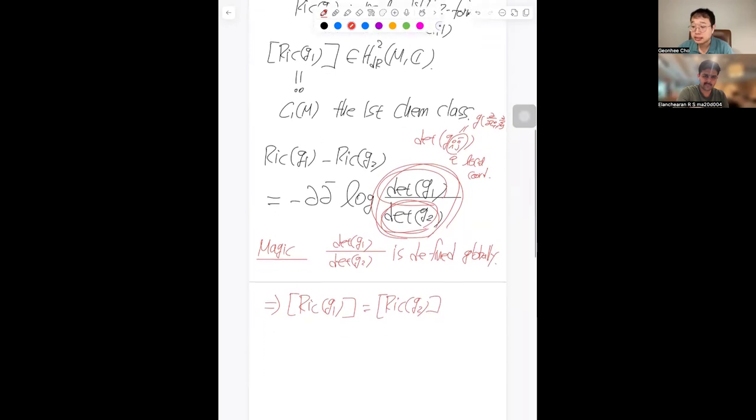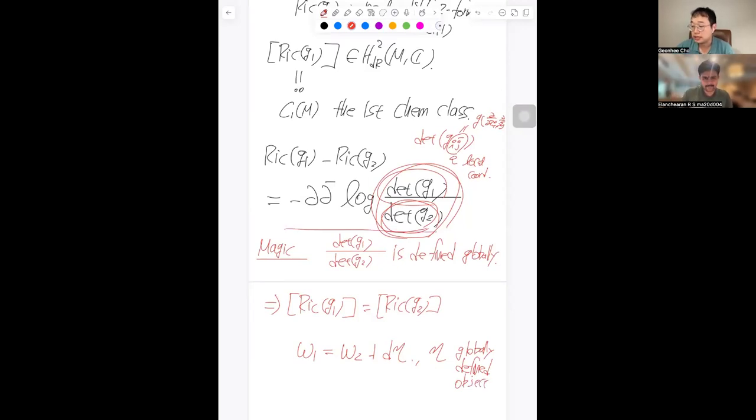Because this just means that if you have one differential form and another differential form, and we take the subtraction, this should be written as d of eta, basically. And this eta should be a globally defined object. I'm saying this roughly.